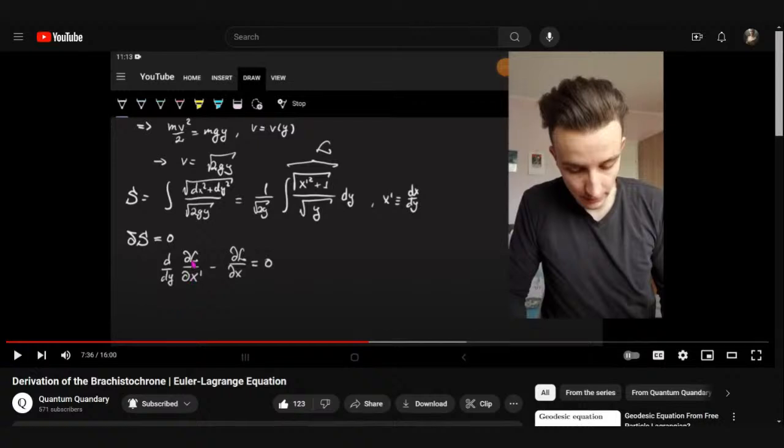That any modification, let's start from here, any modification to the Lagrange with respect to x, so this Lagrange or Lagrangian, any modification we make to the Lagrangian, right?